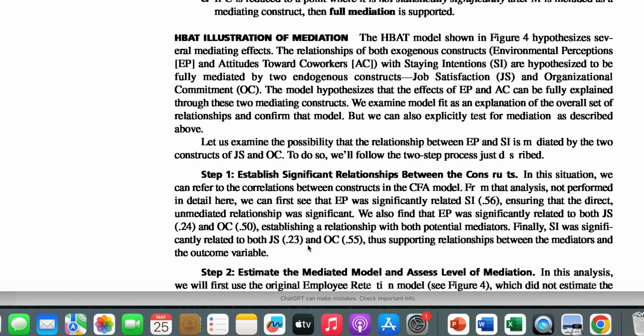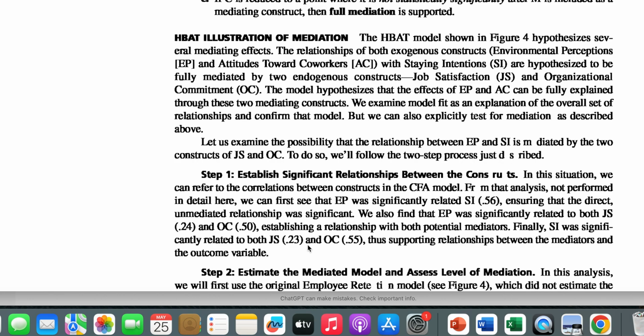H-bar illustration of mediation. The H-bar model shown in figure 4 has several mediating effects.